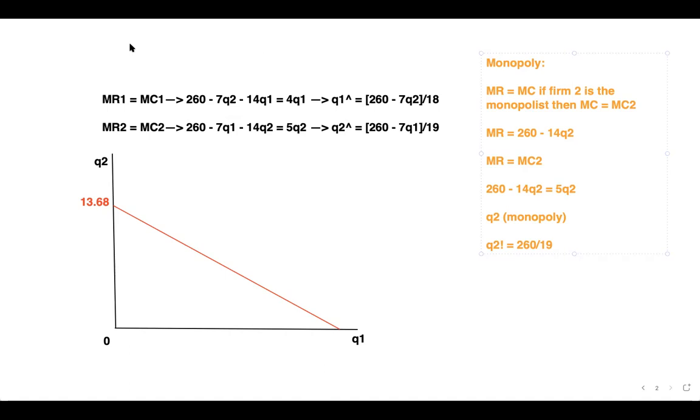Now notice when we draw the reaction function for firm 1, it's going to look a little bit different just because the axes are flipped, right? So it's easy to start with the reaction function for firm 2 first, and maybe I'll put a little label on it.